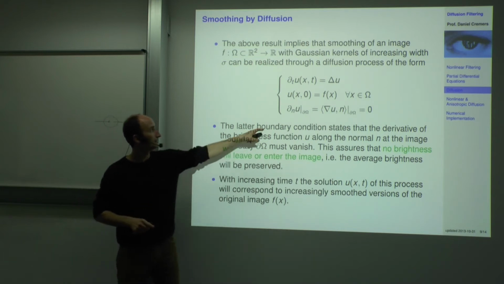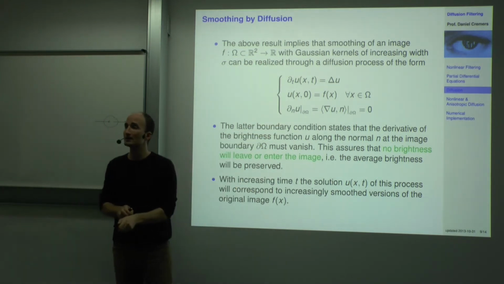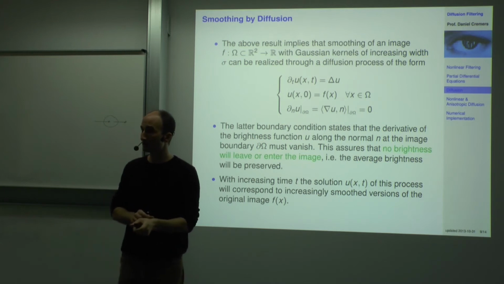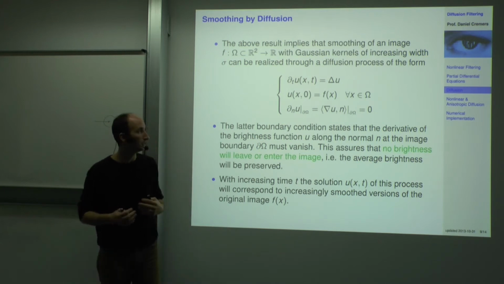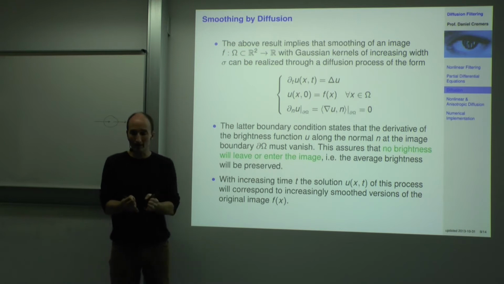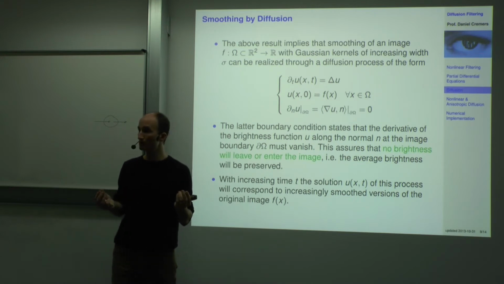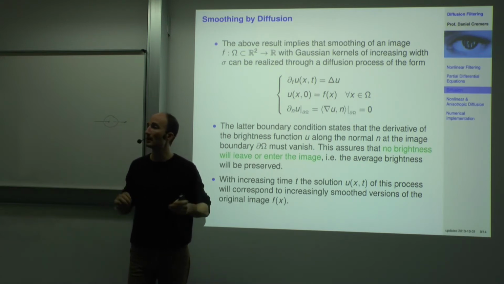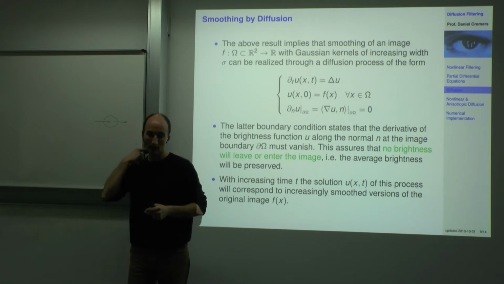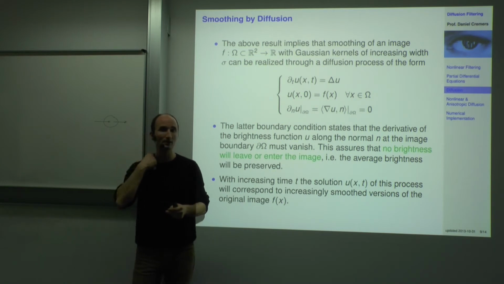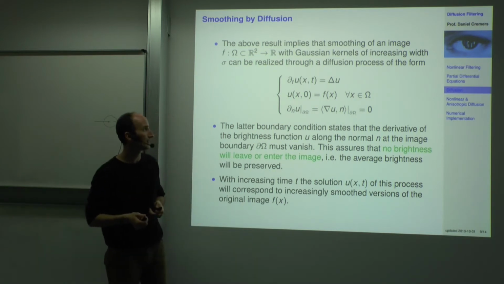And then we have the third equation here, and that says what happens at the boundary of our domain. In all numerical computations, you're working with a finite domain, omega, and so the question is, what should the diffusion process do once it hits the boundary of your image? And there are many possibilities of what you might want to do at the boundary.